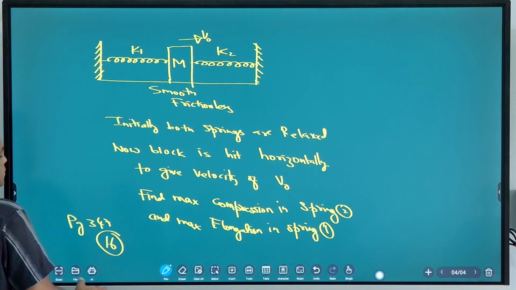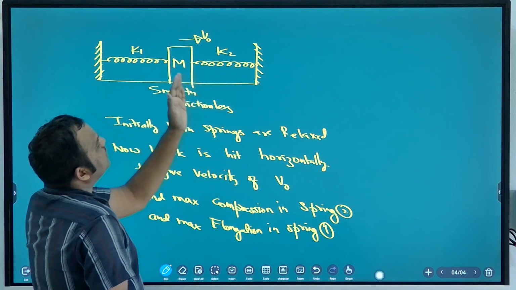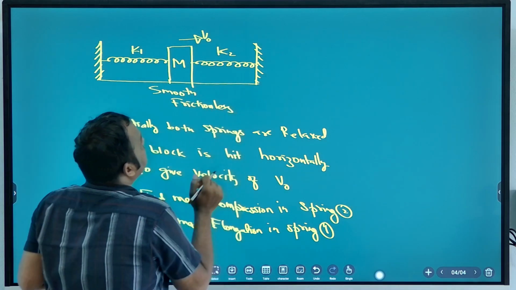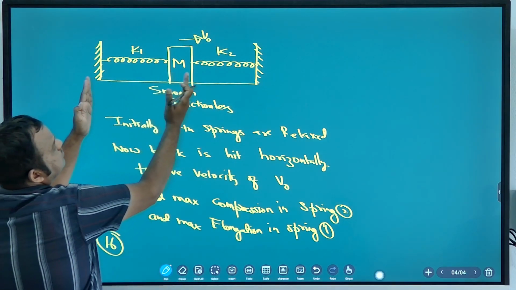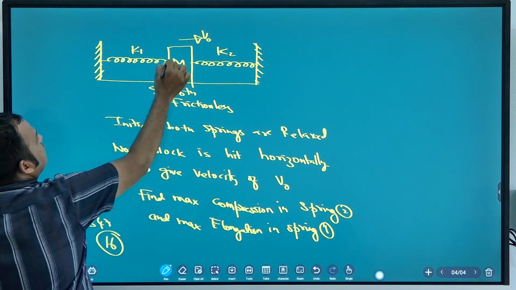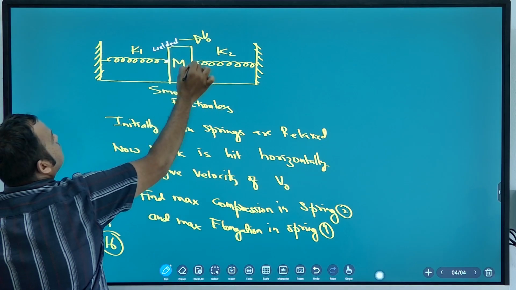The block is given velocity to the right side. So does spring 2 compress or elongate? Spring 2 compresses. What about spring 1? Elongates. It is connected here, welded. Welding is there.